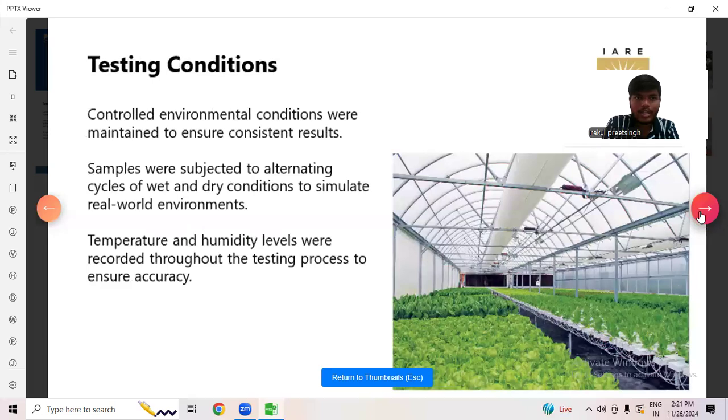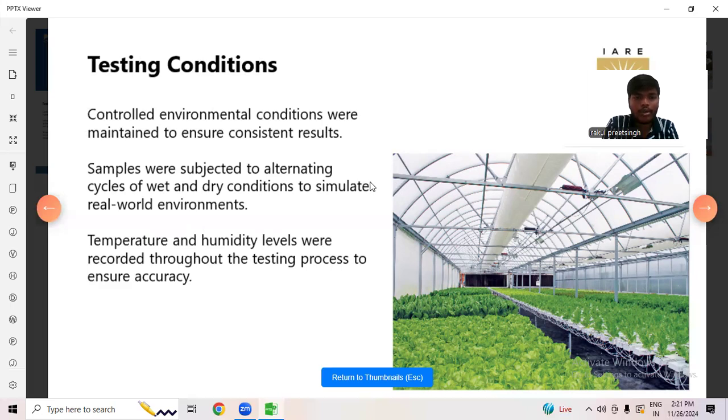And testing conditions. Controlled environmental conditions were maintained to ensure consistent results. Samples were subjected to alternating cycles of wet and dry conditions to simulate real-world environments.